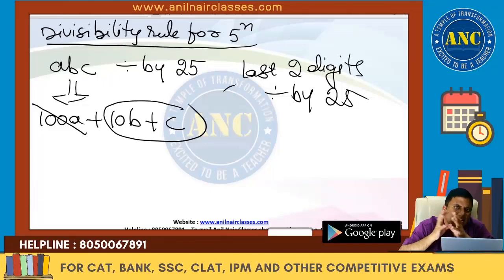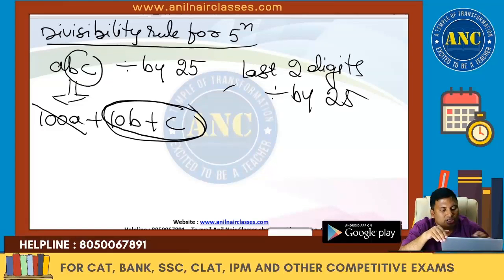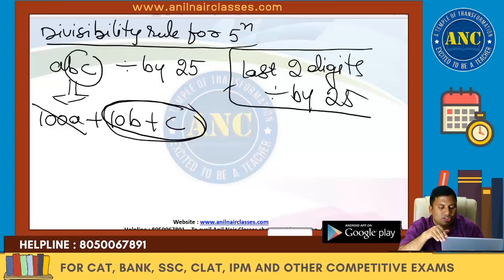If ABC is divisible by 25, 10B plus C should be divisible by 25. 10B plus C is nothing but the last 2 digits. Last 2 digits should be divisible by 25.